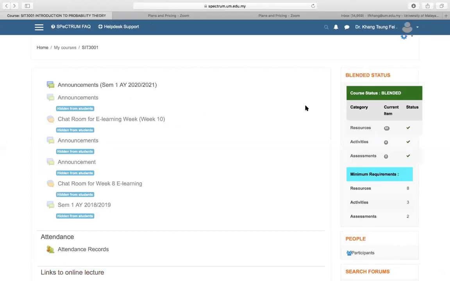Okay, can you see Spectrum on the shared screen? Yes. Okay.